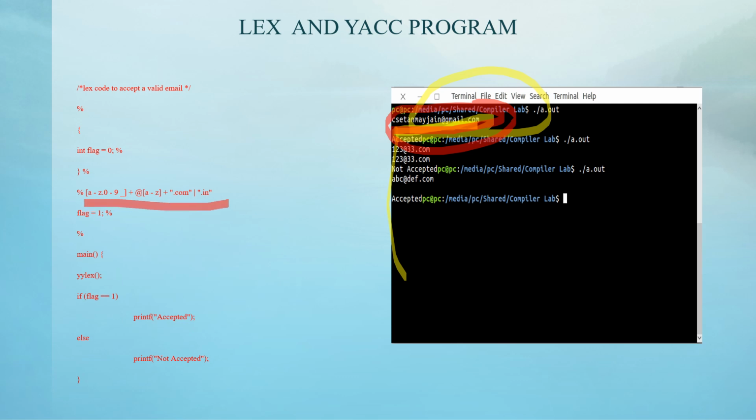Here it is not accepted because the email should start with alphabets, as the given regular expression specifies. It must start with A to Z. Not accepted. Then next, see here is another example, where it starts with abc at def.com.